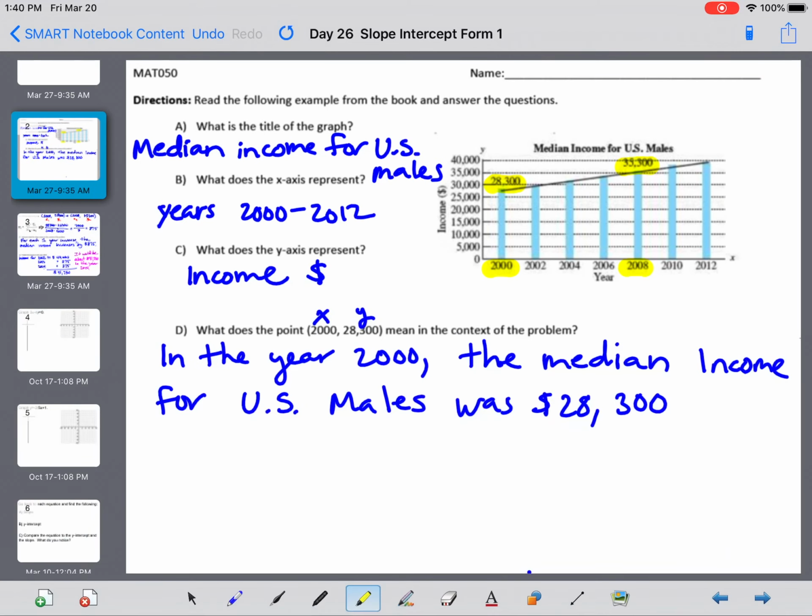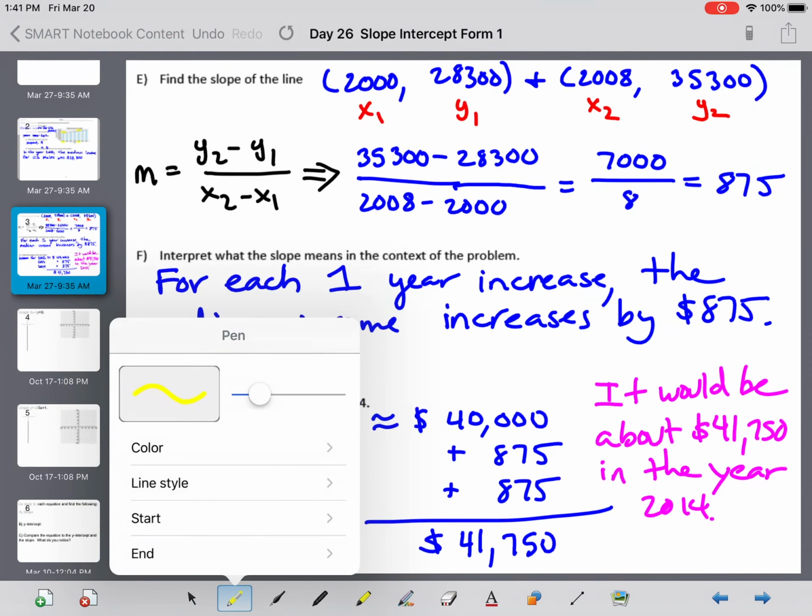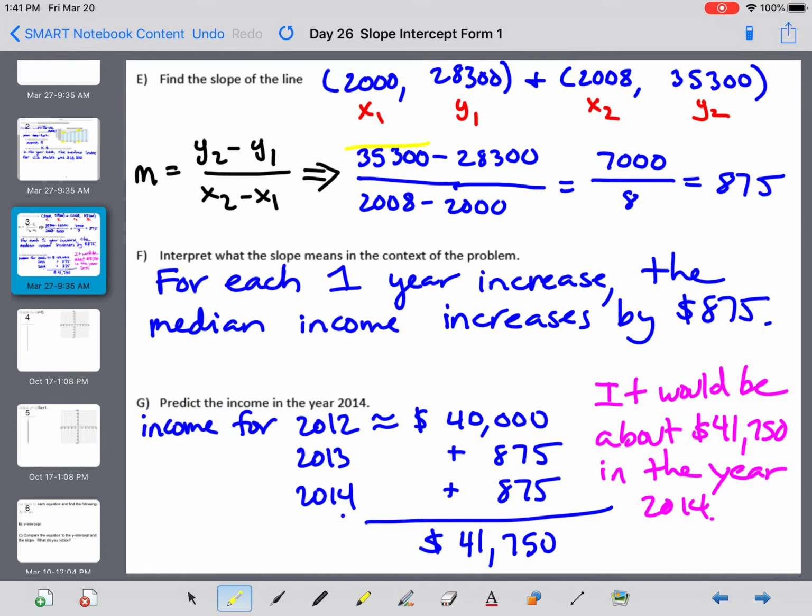So when we go back and we find our slope, I'm going to take those two points. I have them labeled x1 and y1 and x2 and y2. And this one I chose to use my slope formula, although you are welcome to set this up and make a table of values and find your change in y and your change in x. So setting up the equation, I get this first part in blue here. When I look over here, do you see how the y2 and the x2 are stacked on top of each other?